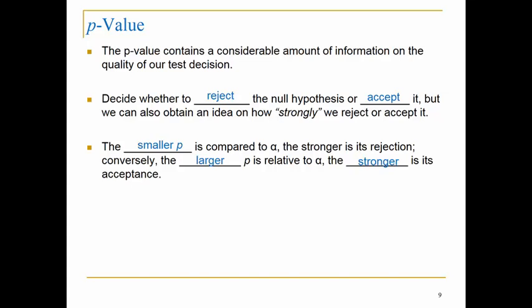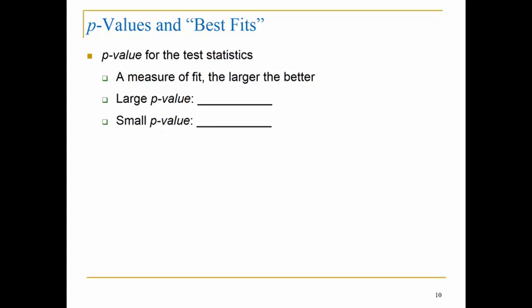And this is one of the numbers that we are going to use to decide which probability distribution fits our data better. So in terms of the best fits, the p-value for the test statistic is a measure of fit. The larger, the better. So a large p-value means that we have a good fit for our data.